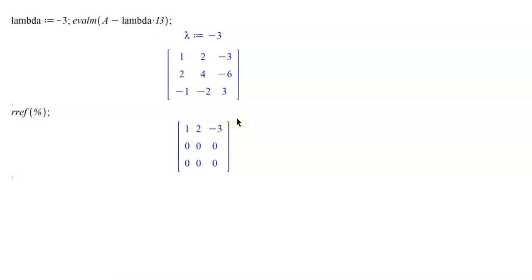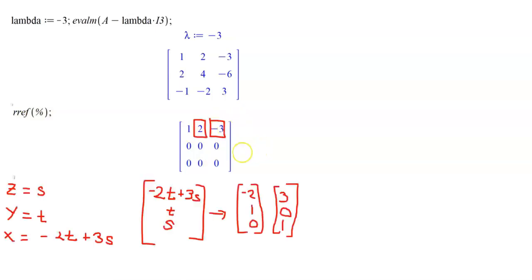Solve it just like we solved it before. Sorry, this is kind of a mess. I try to write with my mouse. So we're going to let z equal s. We're going to let y equal t, which forces x to be negative 2t plus 3s. Putting that into a vector like that, then we separate the s's from the t's. So the 2 eigenvectors are negative 2, 1, 0 and 3, 0, 1.